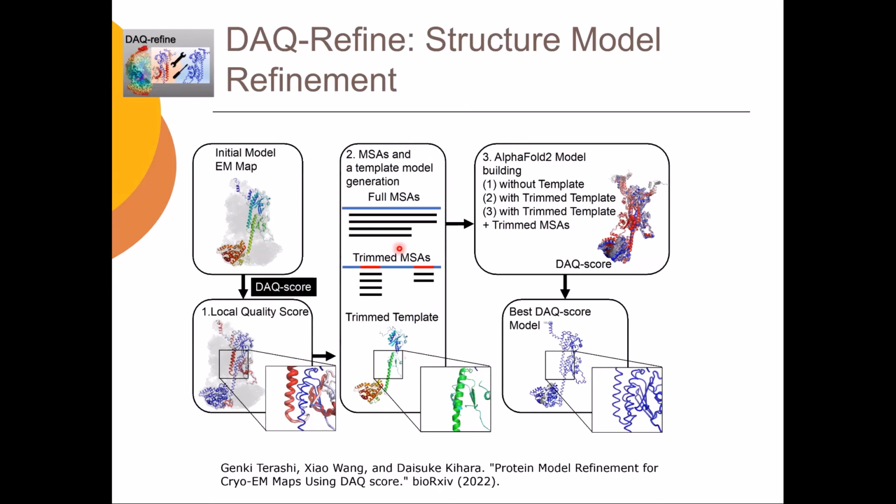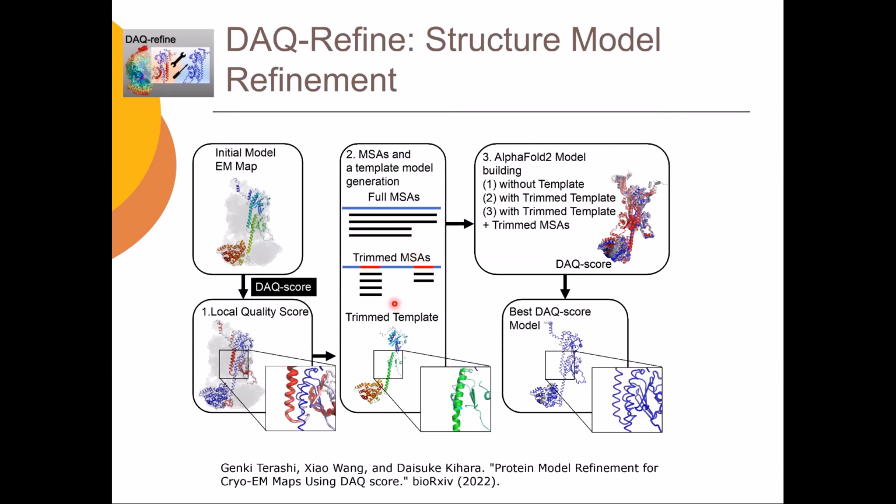So you cannot control it. Of course, it will remodel everything, so even the very confident regions are remodeled by AlphaFold, which now does not fit the map that well.